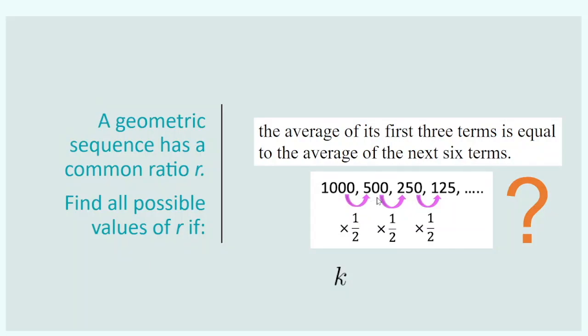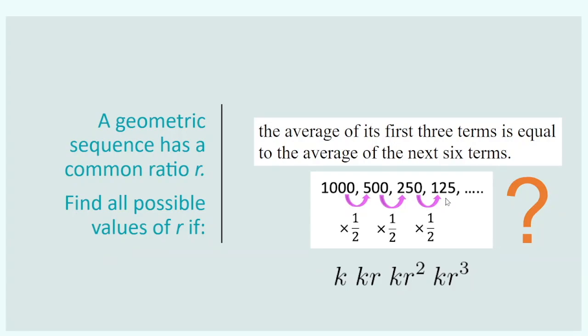So the second term can be written as kr. The third term is the second term multiplied by the ratio again, so it will be kr times r, or kr squared. And likewise the fourth term is going to be kr cubed, and so on.